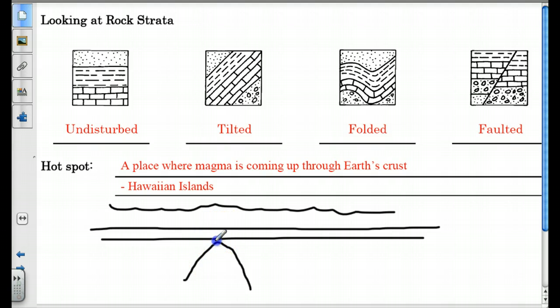This molten rock breaks through here and starts to seep out onto the ocean floor, and it forms a little volcano that builds up over time. Eventually enough lava flows out of there that a little island is built, and that's where the Hawaiian Islands came from. We'll talk more about how that's significant and how we get these chains of islands, but I just want you to be familiar with the term hotspot.